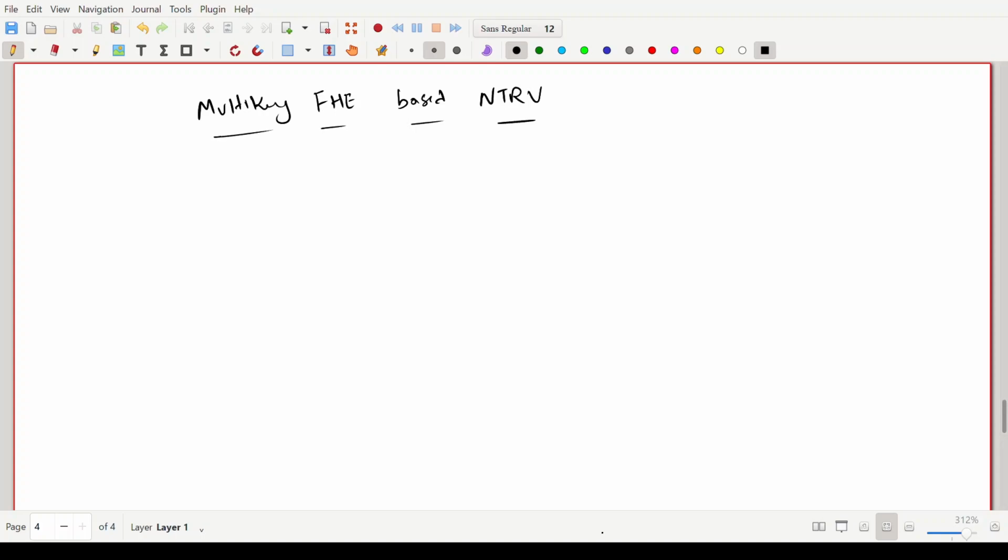We are first going to see what the NTRU crypto system is, and then we'll form FHE based on NTRU. Then at last we are going to see our MKFHE. Okay, so this is the plan.